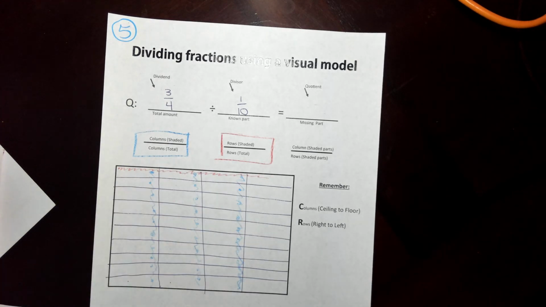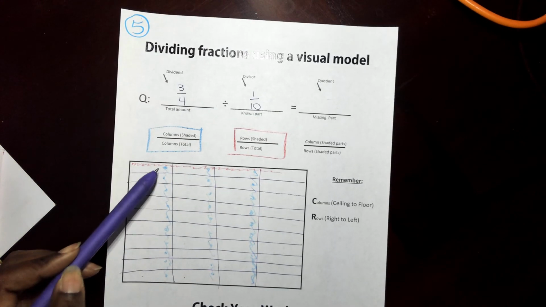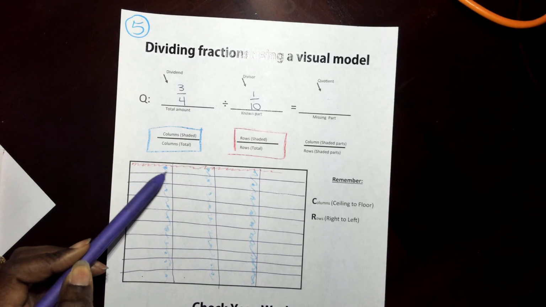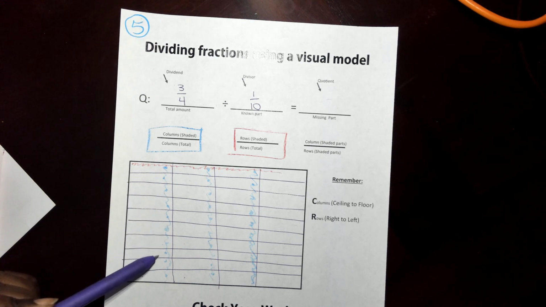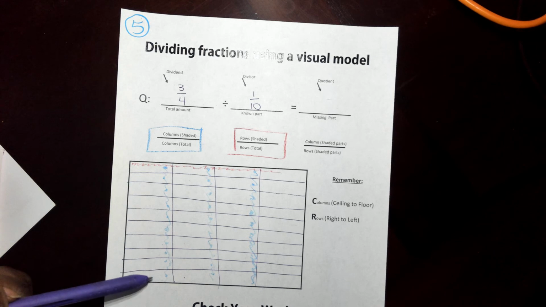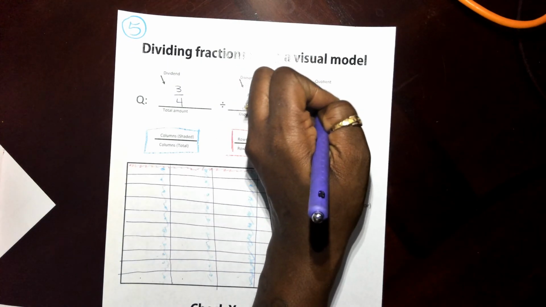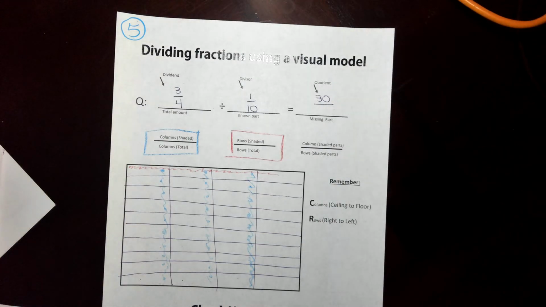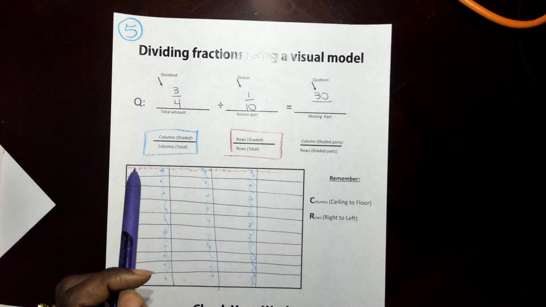And now we need to figure out how many parts in the columns have been shaded. So this is 1, 2, 3, 4, 5, 6, 7, 8, 9, 10. There's 10 times 3 of those, which is 30. And if you wanted to count them each by one, you could. So we have 30. And then we ask, how many row pieces are shaded in?